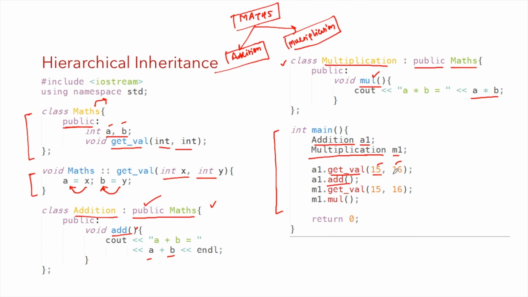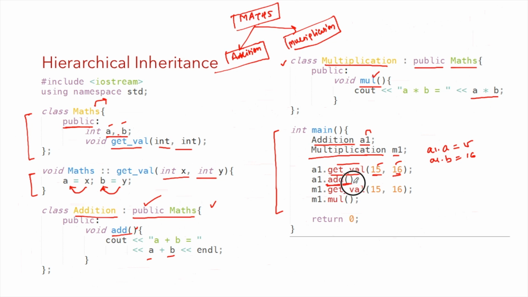So when 15 and 16 are passed via function get_val, the values of a and b are now associated with your object a1. So a1.a becomes 15 and a1.b becomes 16.